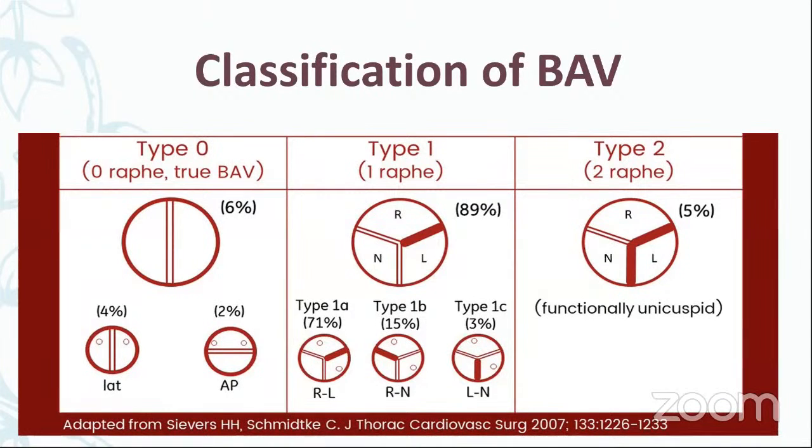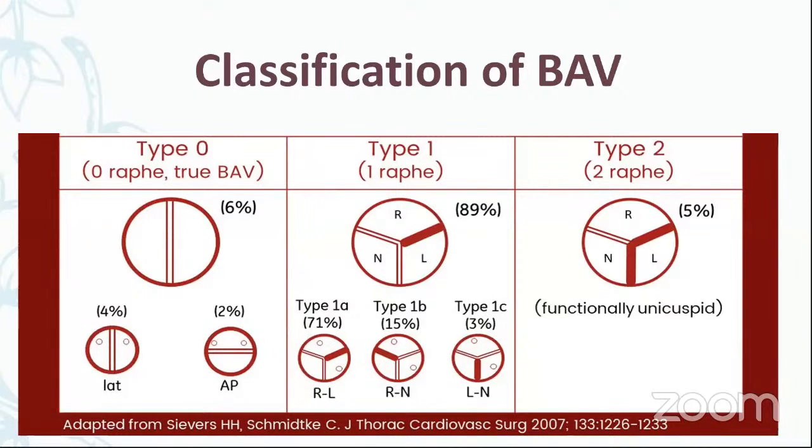Type 1 is the most common form, which has one raphe, and the right and left leaflet fusion is the most commonly seen. The right and non-coronary leaflet fusion occurs in 15% of the patients, and the left and non-coronary leaflet fusion is the least common form of this type.